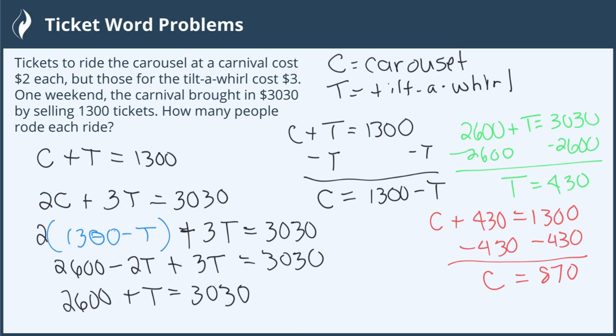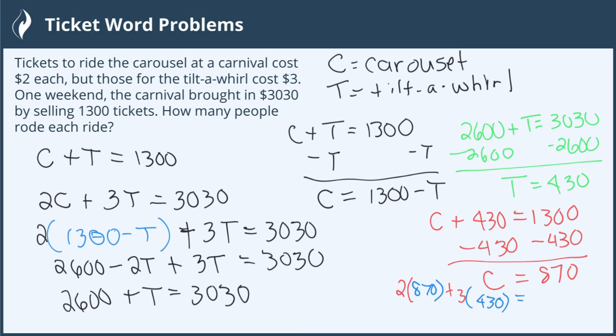But what we need to do is go back here and put it into this equation and see if it works. So that would be 2 times 870 plus 3 times 430.